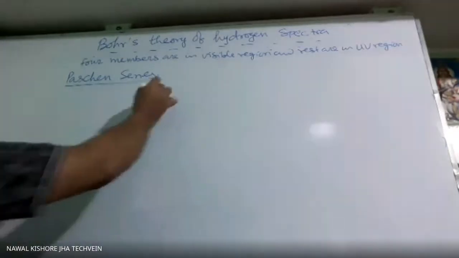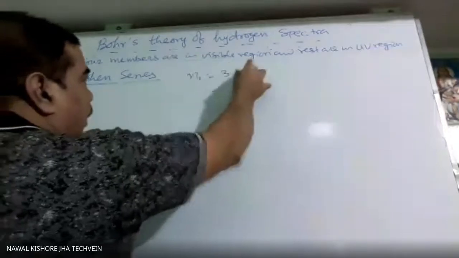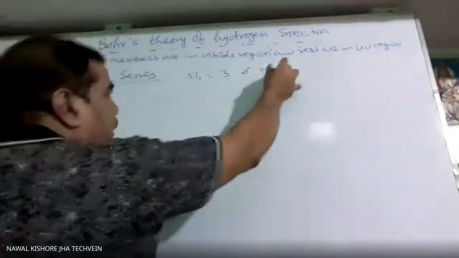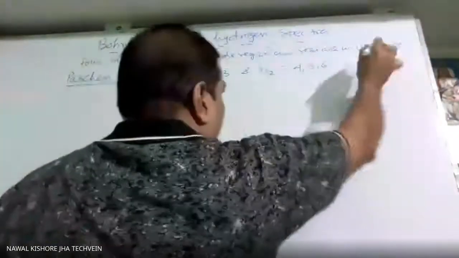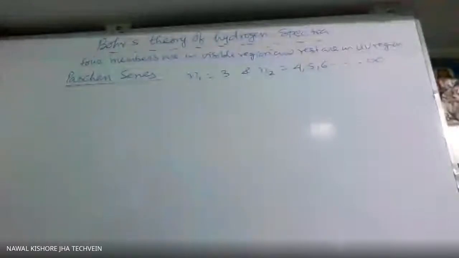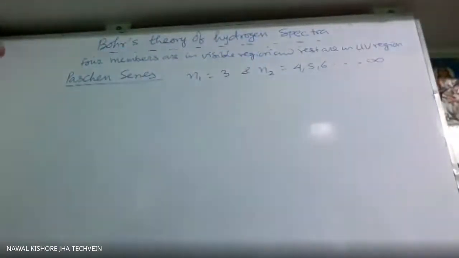Okay, in the case of the Paschen series, what will be here? N1 will become 3 and N2 will be 4, 5, 6 onward, up to infinity you can say. So here we will calculate the first member and then the series limit because all are in the same region. Only in the Balmer series do we have to know all four wavelengths.